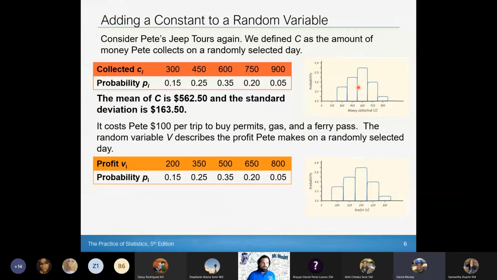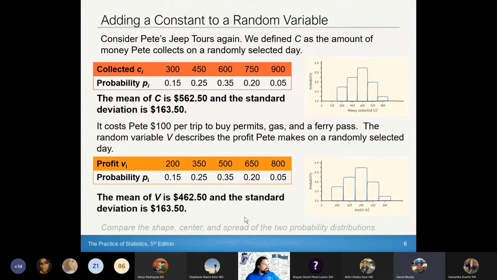This graph looks the same as this graph, right? The only difference is, again, the horizontal axis changes to represent the new range of values based on the transformation. The mean of our new random variable V is 462.50, 562.50 minus 100. The standard deviation is the same.